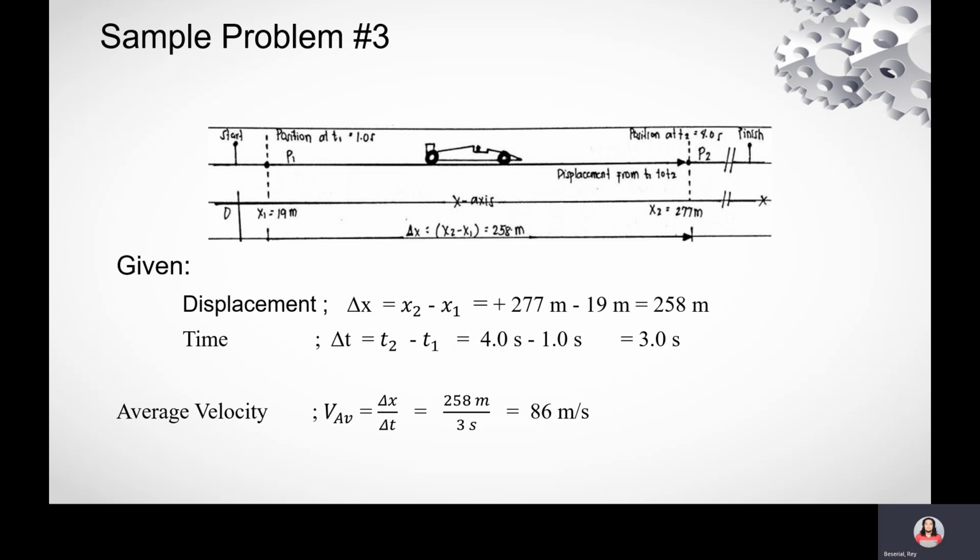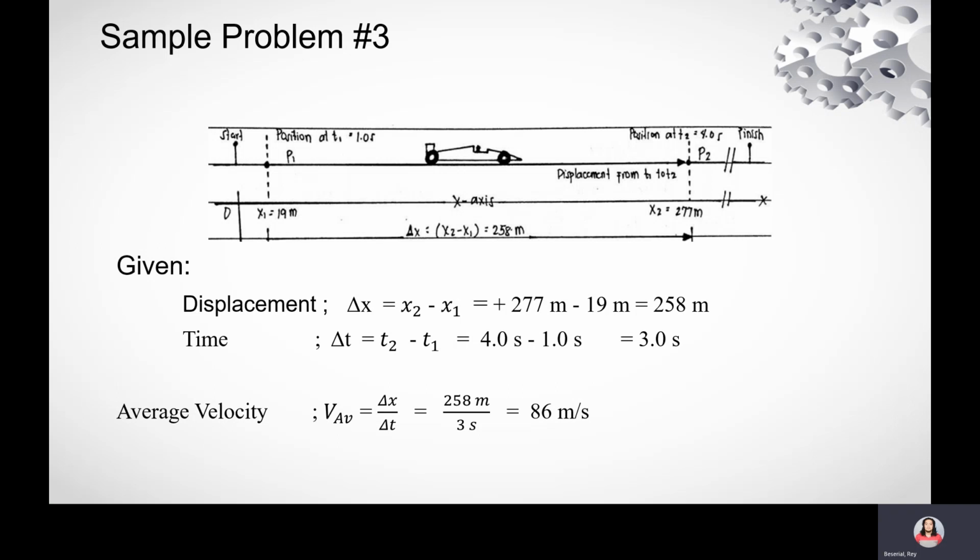And then at our final position, P sub 2, our time is 4 seconds. So our position from the initial point is 19 meters. And then the final position is 277 meters.